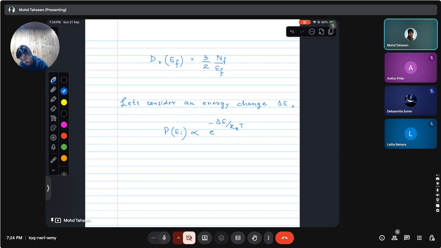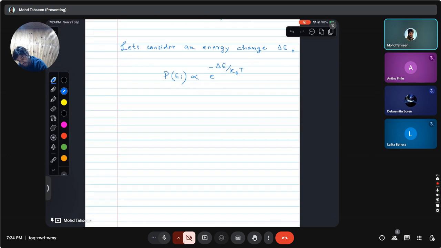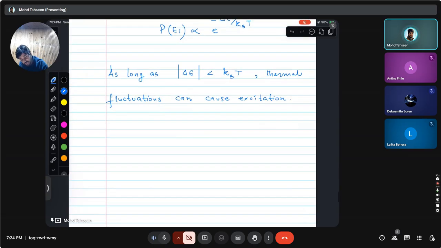So we can write it in the following way: as long as the modulus of delta E is comparable to kBT or is less than kBT, thermal fluctuations can cause excitations of the order of delta E, right?